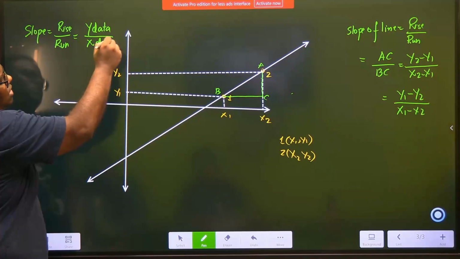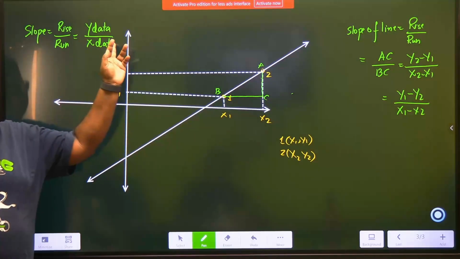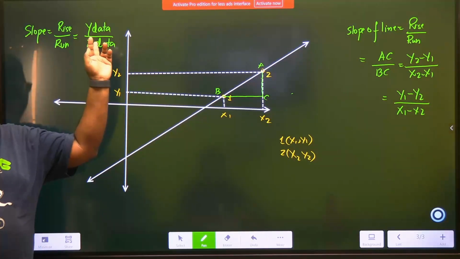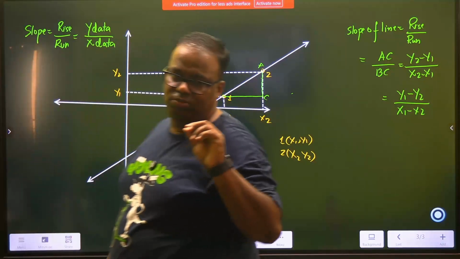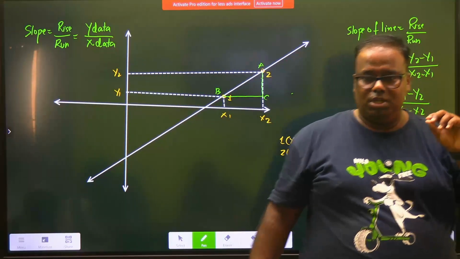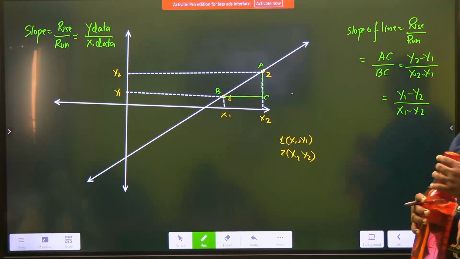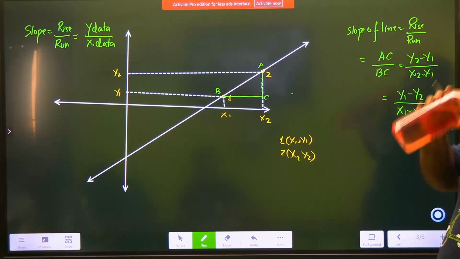This we will not use in this chapter, but same chapter of motion next class we will use. So note it. Leave that, don't study that, remember this. A slope is a y data over a x data. End of the day, what is slope? A slope is a y data over a x data. What is the y data? Rise. What is the x data? Run. Did you understand this much?